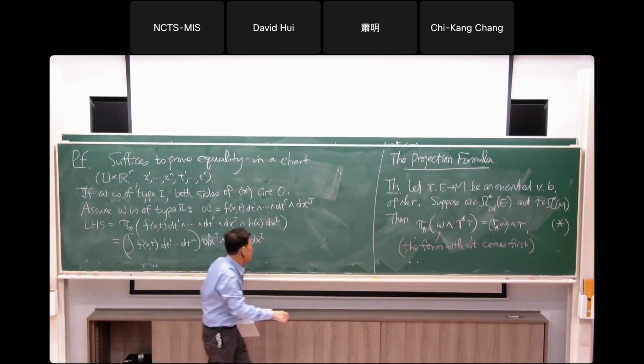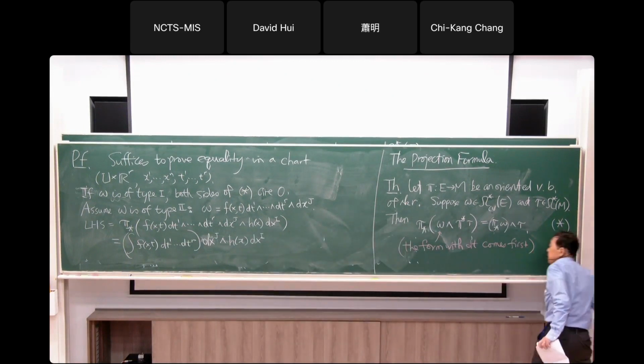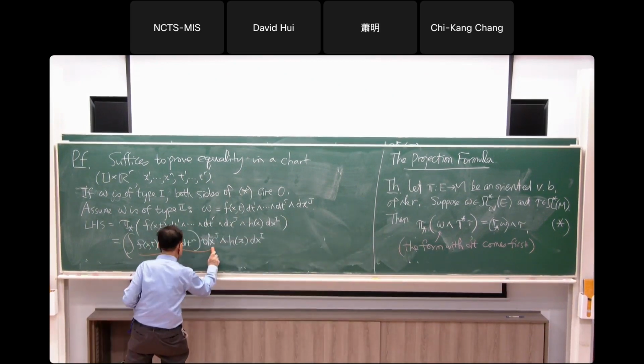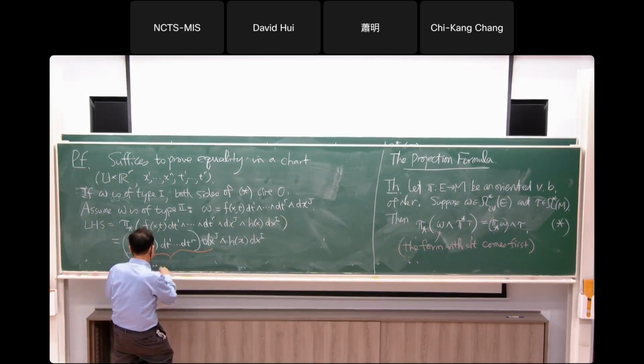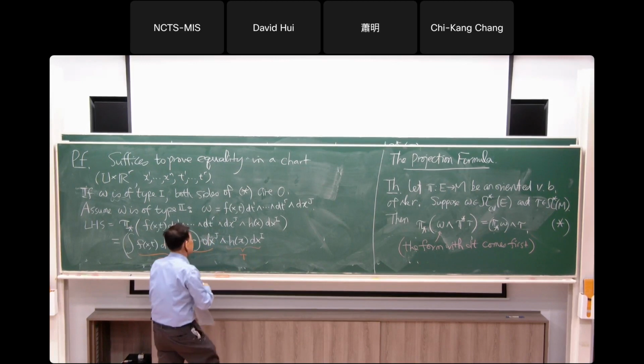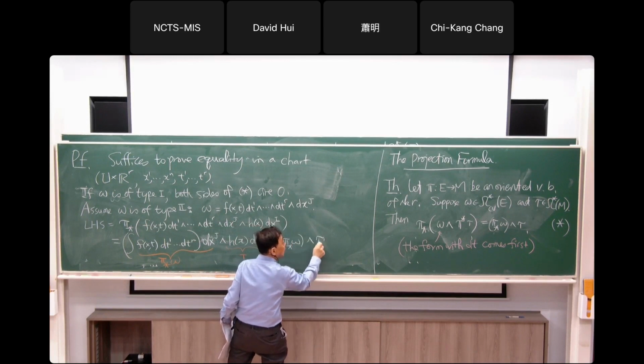But let me see. This part is just pi lower star of omega, and this is tau. So this is pi lower star of omega wedge tau.